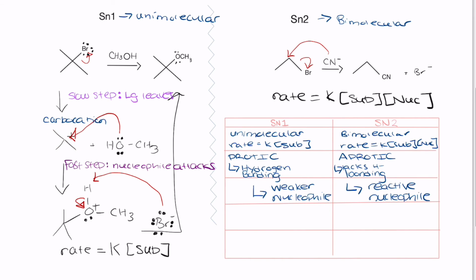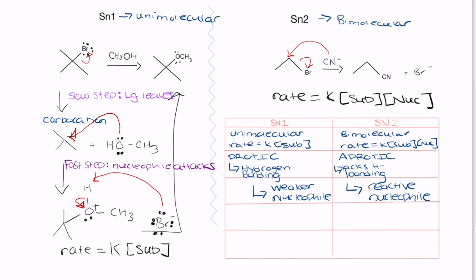In contrast, for our SN2 mechanism, we see that our nucleophile is a lot stronger. This cyanide is a stronger nucleophile, and that's because it needs to go in and attack right away in that first step of the reaction. It's not going to wait for the leaving group to leave.